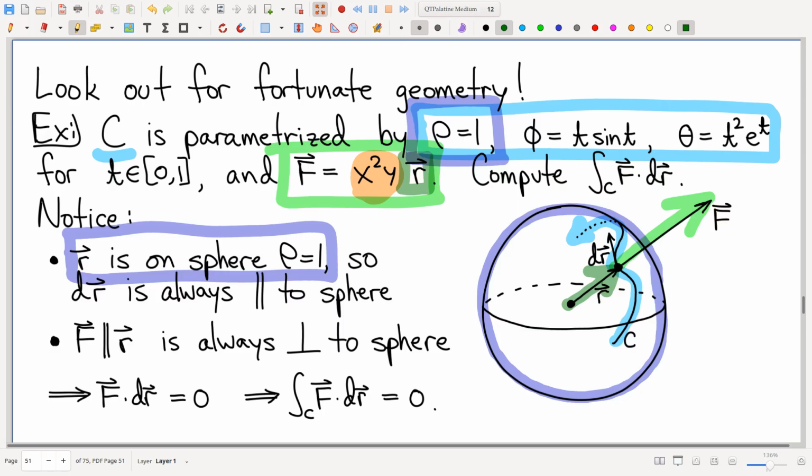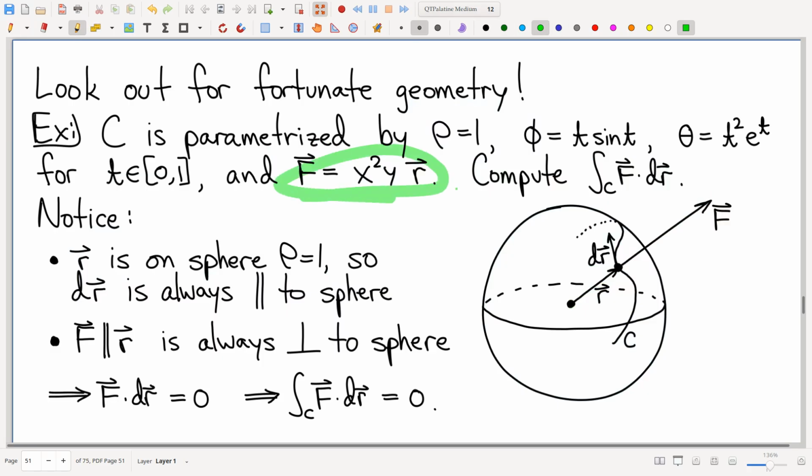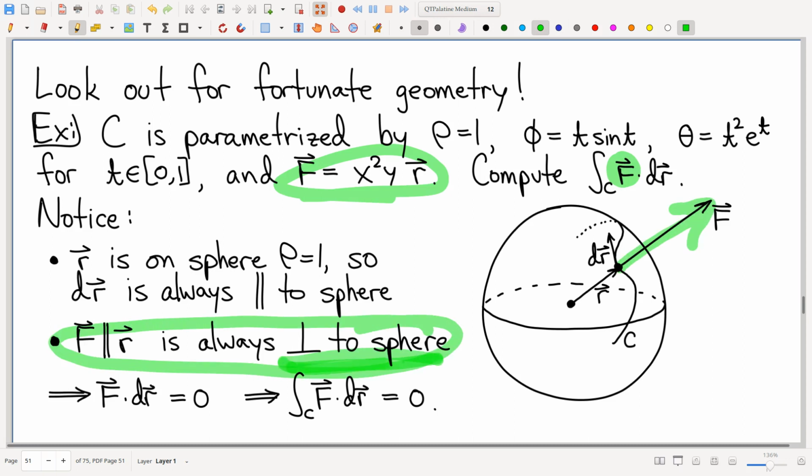And I claim that, in fact, we're basically done at this point. Because what we see from all of this, let me just get rid of, I've got too much going on here, is that our vector field F is always perpendicular to the sphere. But my curve being entirely on the sphere means that my dr vector here, how I move, is always parallel to the sphere.